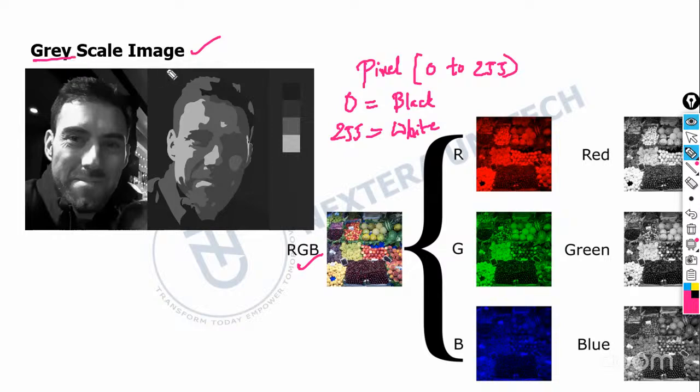Since it is a grayscale image, if you have a value between 0 to 255, these values represent different shades of gray color, right? So if the value is close to 255, obviously the color will be white.